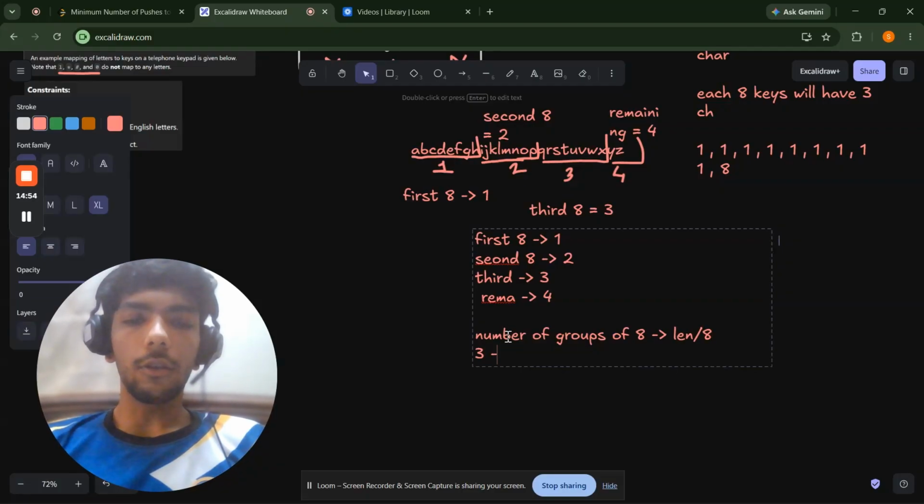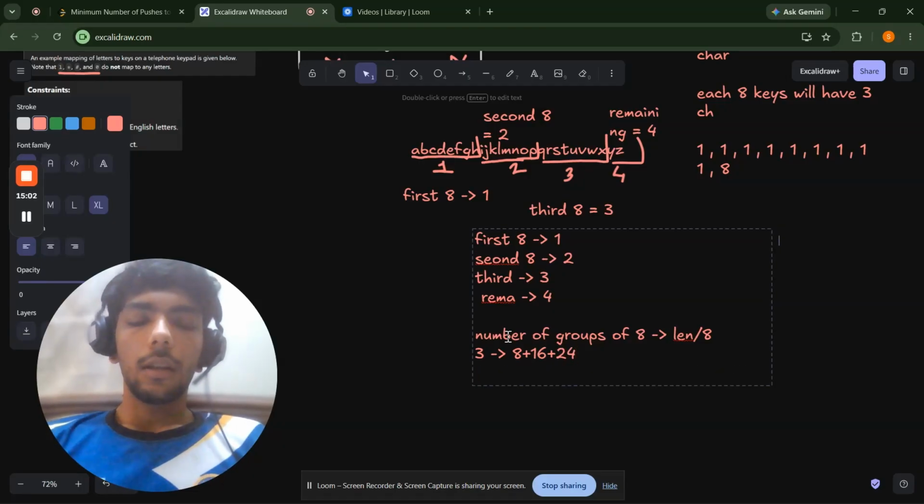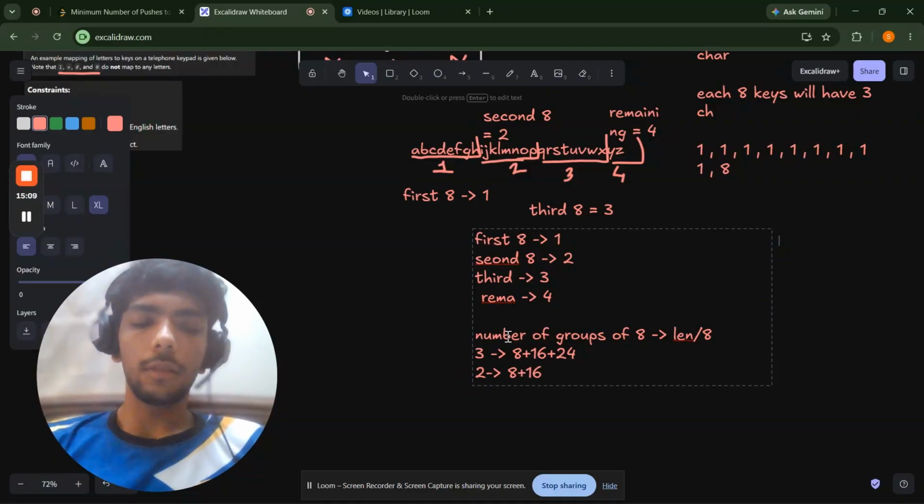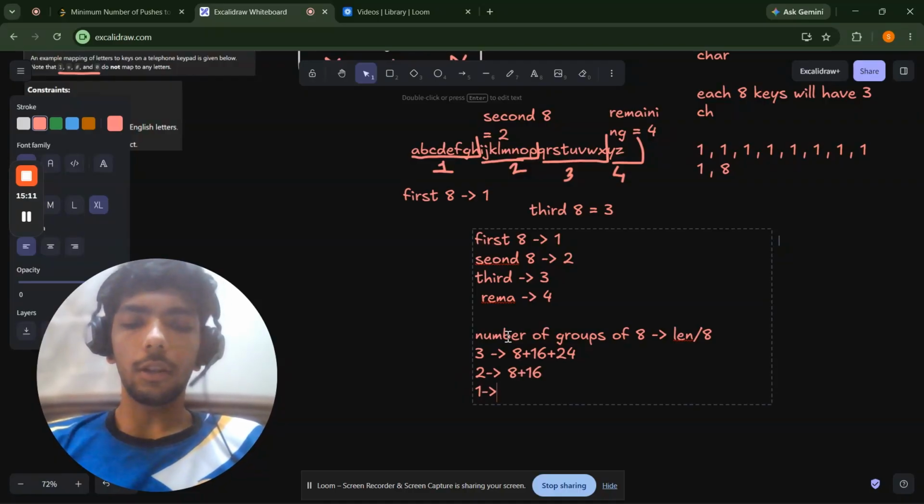If there are three groups, first group will require 8, another will require 16, another will require 24. If there were two groups, it will require 8 and 16. If it was one group, it will require 8. If it was 0, it will require 0.